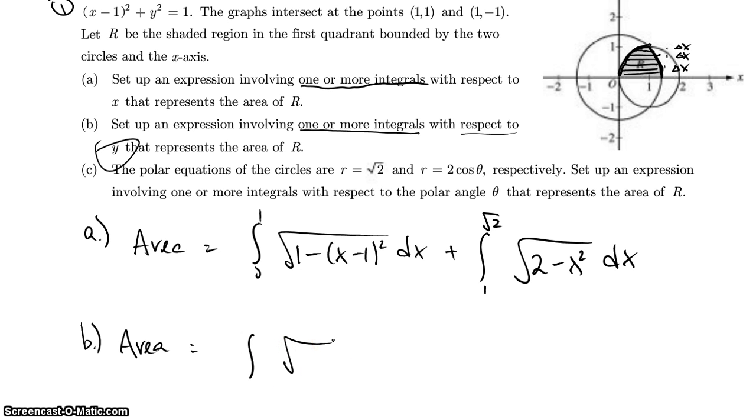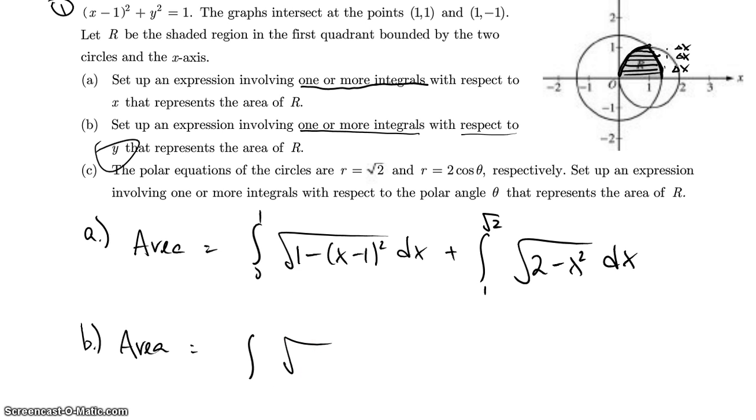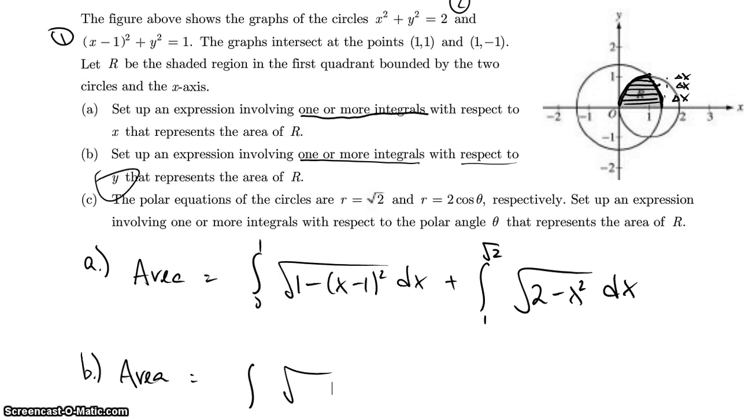So if we isolate x in equation 2, it should be the square root of 2 minus y squared, minus, for the second one, the first equation, 1 minus the square root of 1 minus y squared. And we put the dy.